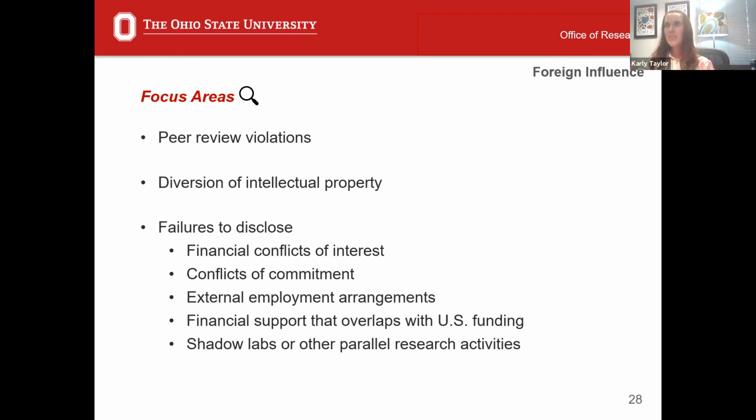For example, an individual may have 3 foreign grants and also 4 NSF awards, and a funding agency may be very concerned about the financial or scientific overlap. And then there's the focus on individuals setting up shadow labs or other parallel research activities elsewhere outside of their institution. Next slide.